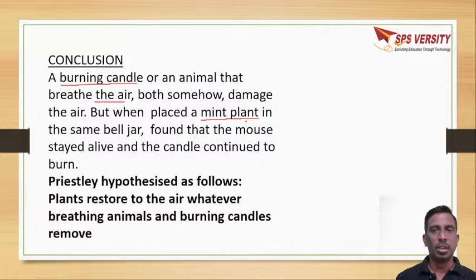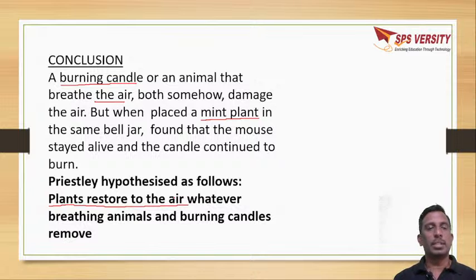So what is the conclusion by Joseph Priestley? The conclusion is that plants restore the air, with whatever is required for the breathing of animals and the burning of candles.